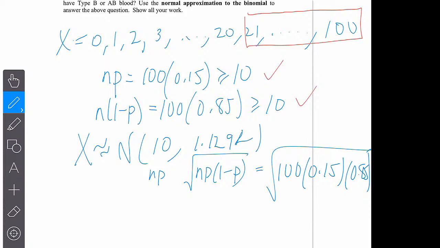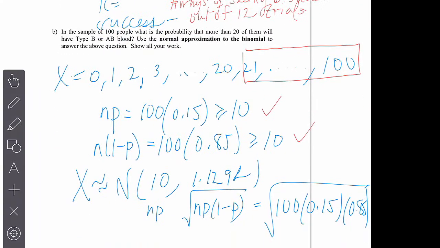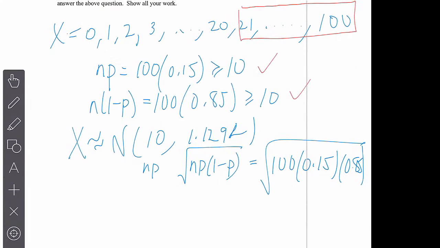Let me see. I do not have that answer here. Let me try that again. Is it 100 or 20? 100 people. Okay, yeah, 15. Sorry, I put 10 here. This is not 10, this is 15.